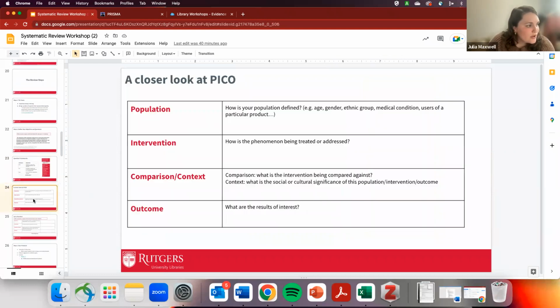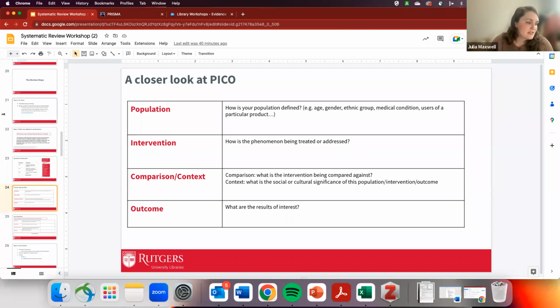I want to do a quick closer look at PICO. So I've used just some guiding questions that you can use to define your topic. So for instance, starting with population, how is it defined? Think about things like age, gender, ethnic group, a medical condition, even users of a particular product or service, right?